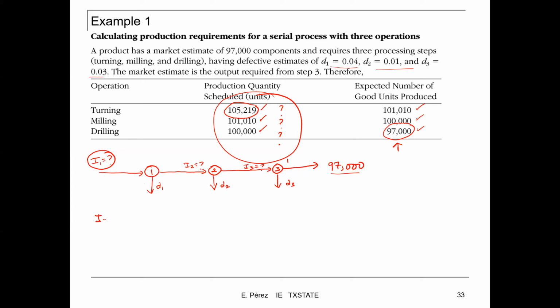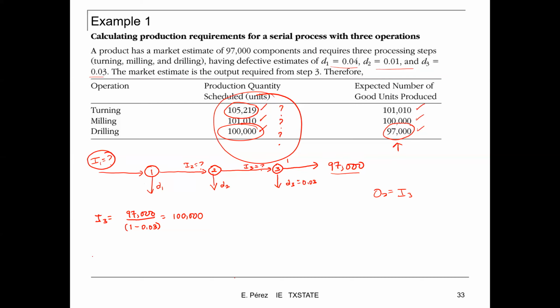So let's start with I3. We want to know what I3 is. As I discussed earlier, that's equal to the output divided by 1 minus the defective rate. For D3, this is 0.03. And that number is 100,000, which is this number right here. That input 3 is going to be the output of 2, so output of 2 equals input of 3.